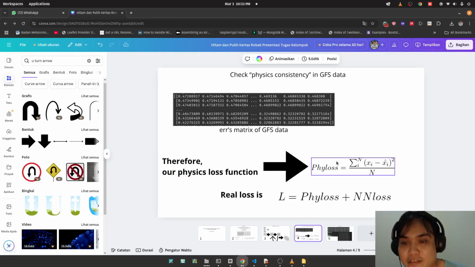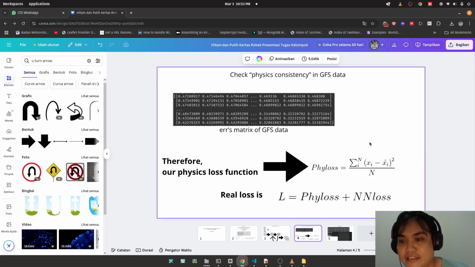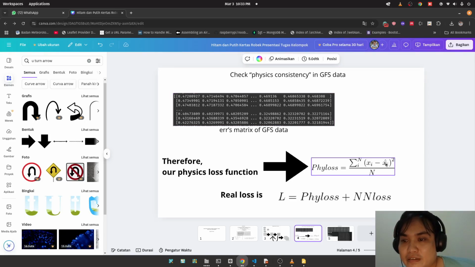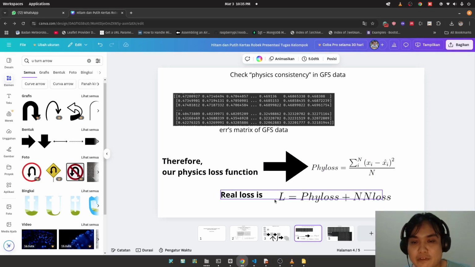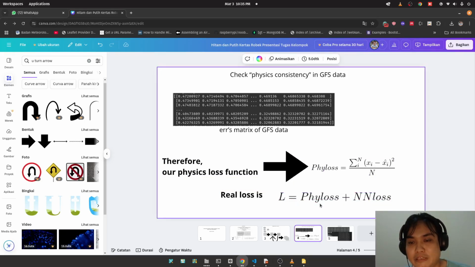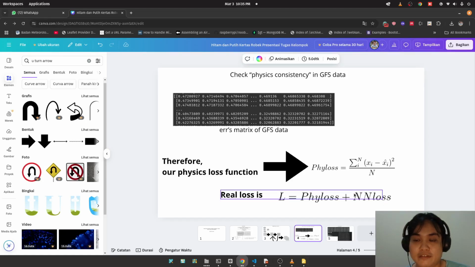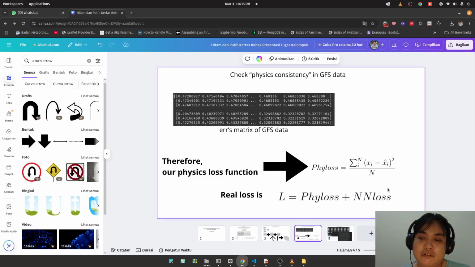That's why, for the physics loss here, I compare: X here is the ground truth, Xi here is the loss of the ground truth data, and X with hat here is the loss for the predicted data. And the real loss will be the combination of the physics loss and the normal loss of the neural network.